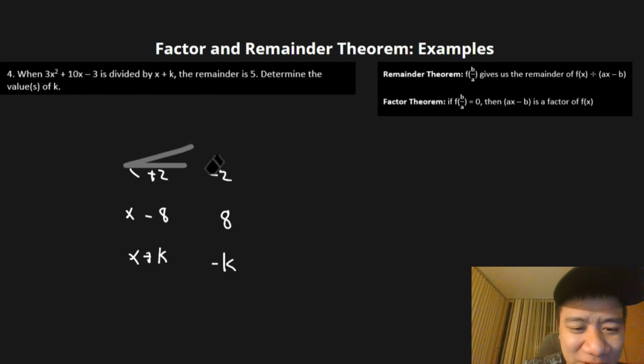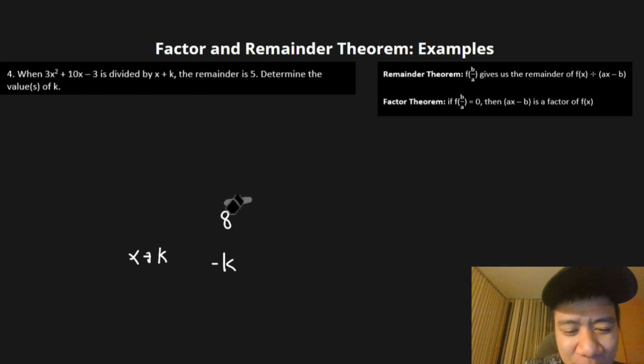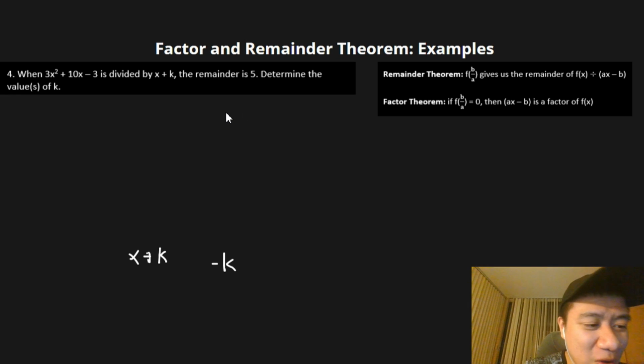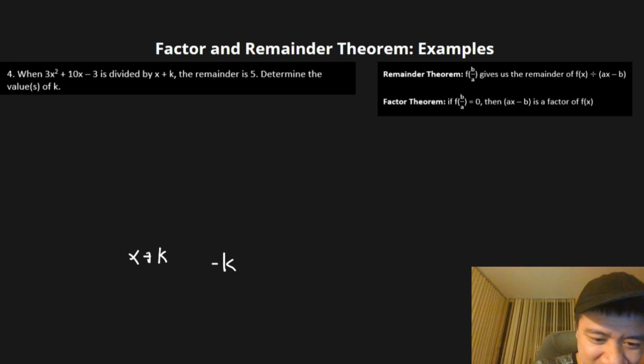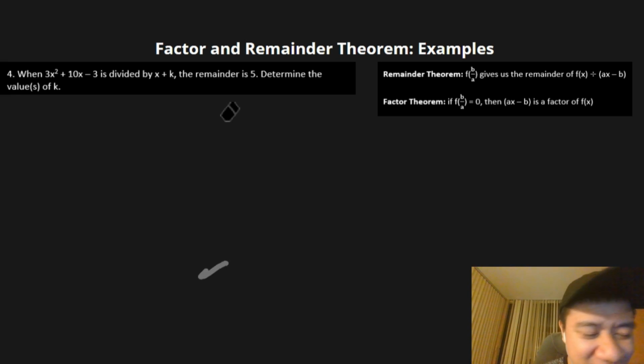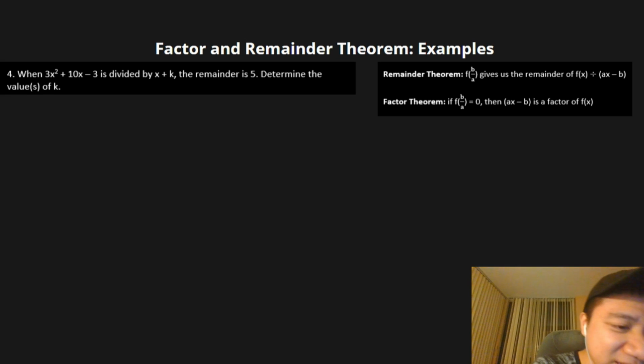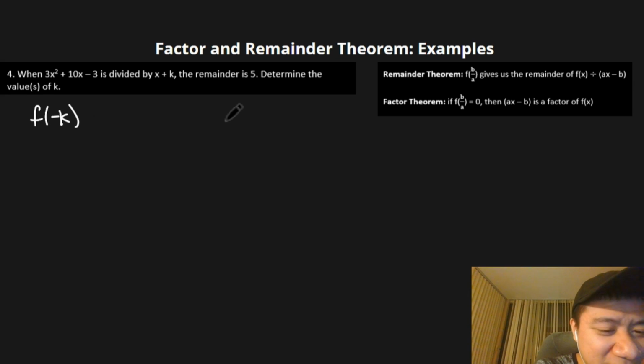Well, we know that if we substitute the corresponding number to our factor into our function, we will get the remainder. So if we substitute negative k into our function, it should equal 5, whatever k is. So we're going to write that out: f at negative k should equal 5.